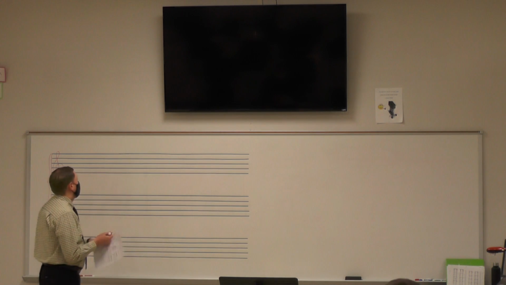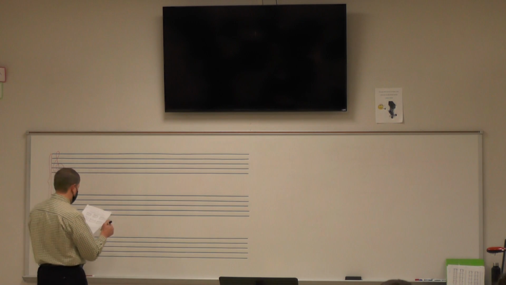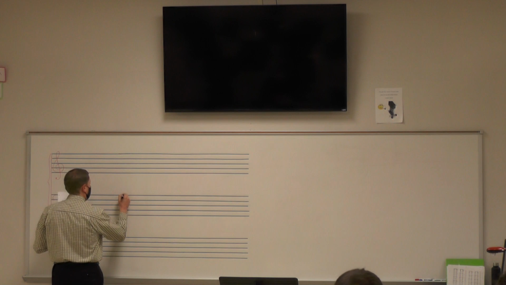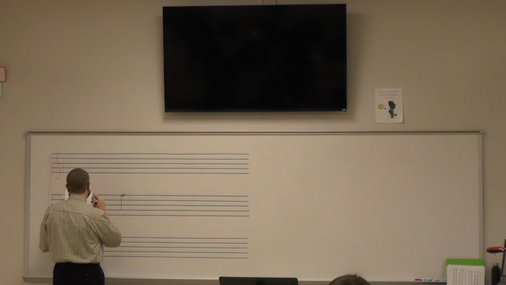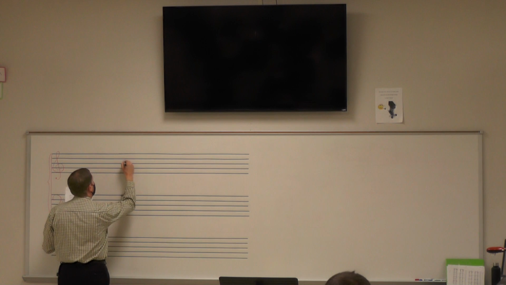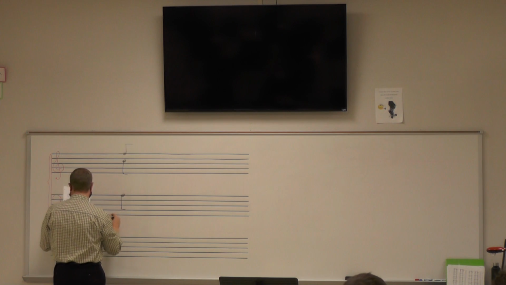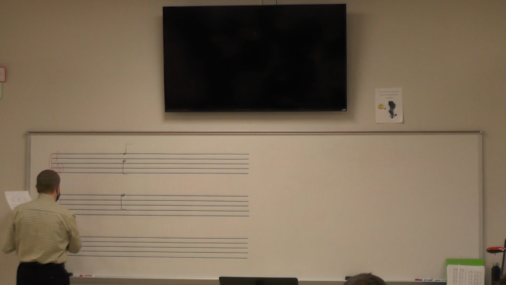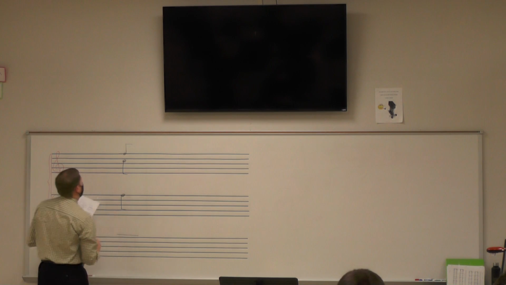I'll try the black marker, although it's starting to fade on me from last class. The first one of the last 4 has an A in the bass, and I'm not going to be so picky about the rhythm right now, I just want to get the notes up. And then a C, and then an F. We are in the key of C, so we have to give this a Roman numeral.